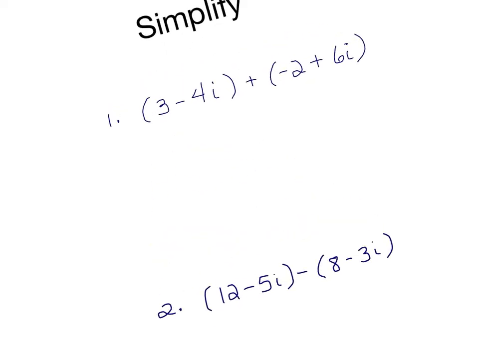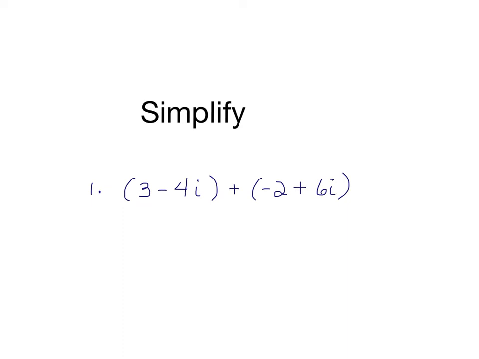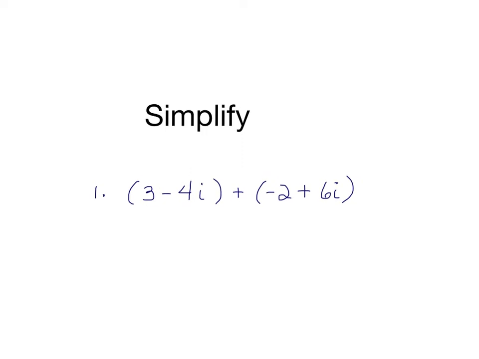So my first example has a plus sign in between these two complex numbers. So this is telling me that I'm going to add the two complex numbers. Now, before we even begin, generally complex numbers are written in a specific order. The order is usually the real part first, and then the imaginary number, the number that has the letter i.